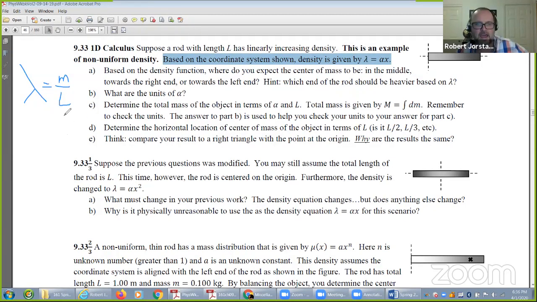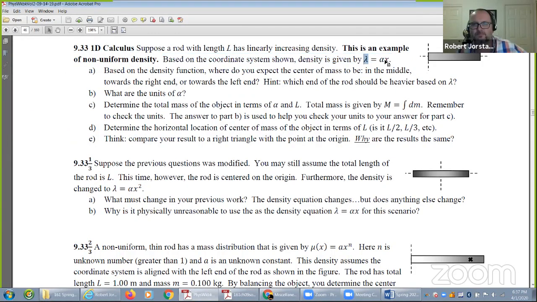Mass per unit length is a constant. This is telling me the density is not constant. Look at the picture. It gets darker as I go to the right, more mass. Why? As x gets bigger, it gets more dense. So in a way, non-uniform density problems are easier than uniform, because the density is given to you in the problem. You don't have to figure it out.